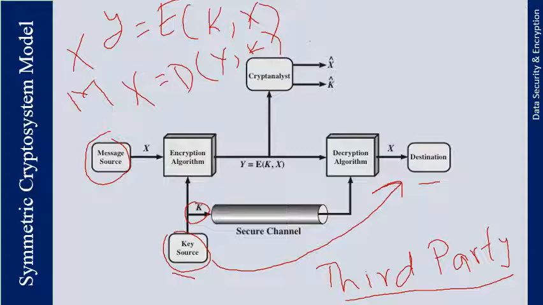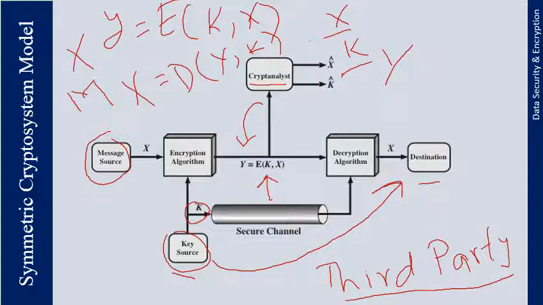Now the point of attack is here, during the secure transmission. As you must be familiar with the term, a cryptanalyst is an attacker who is observing a message on a channel. The cryptanalyst observes the message Y. That means it is an encrypted message, and he cannot observe the original message X, and he cannot observe the value of the key.